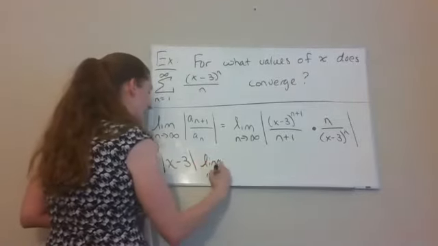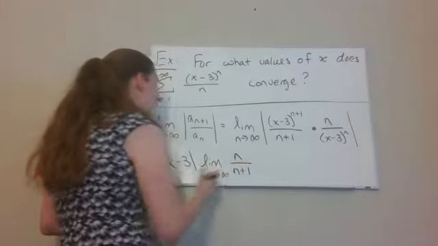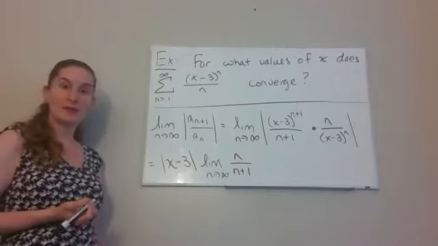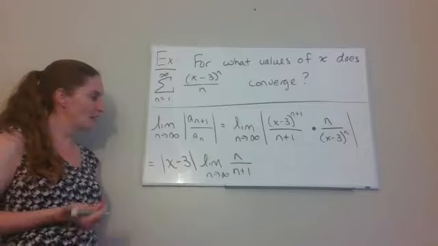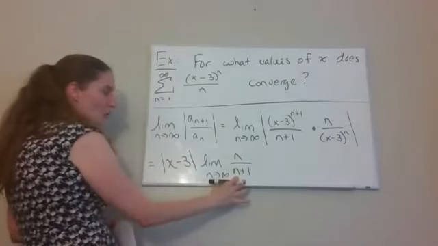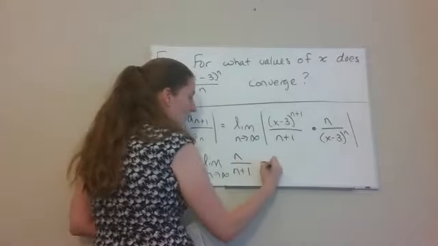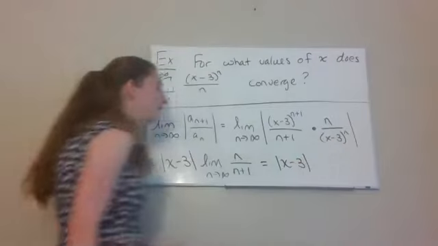And then I have a limit as n goes to infinity of n over n plus 1. I don't need absolute values on that anymore because my n's are all positive. So now when I take this limit, it is equal to 1, and I still have it multiplied by x minus 3. So the entire thing is equal to the absolute value of x minus 3.